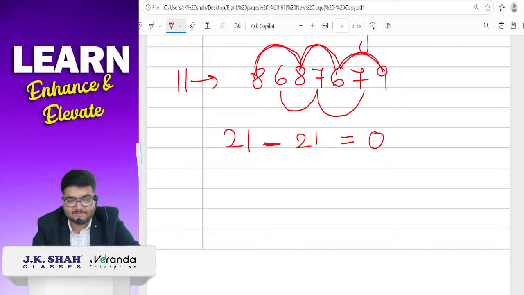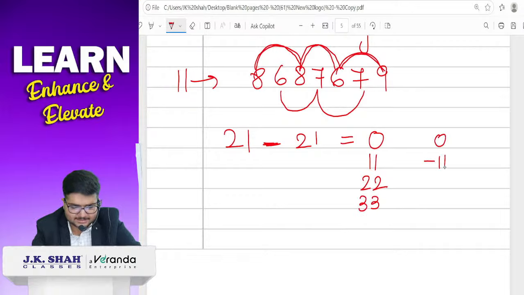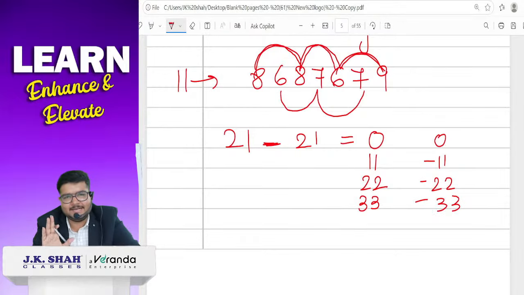If after this subtraction you get 0, 11, 22, 33, or if you get 0, minus 11, minus 22, minus 33, basically the table of 11. If the answer is 0, 11, 22, 33, 44, 55, this keeps on going, right? Maximum times you will get only these answers.